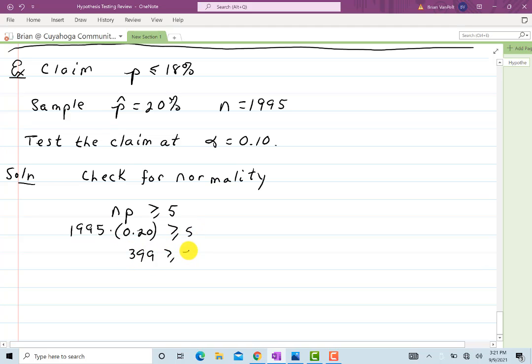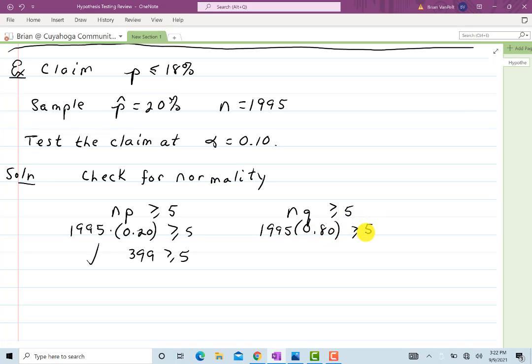That one checks. Now let's do the other one. NQ also needs to be greater than or equal to 5. This is 1995 times 0.80. I get 1596.